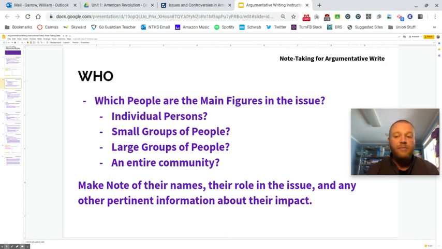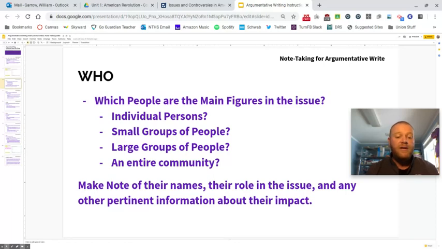There could be a couple important people, a couple of groups that are needed, and then maybe even an entire community. And the idea is that you need to figure out who those various people and groups are and make note of their names, their role, right? Why do we care who they are? And any other information about their impact, right? If they're not important enough to know their name and their role, then you probably don't need to make note of them.